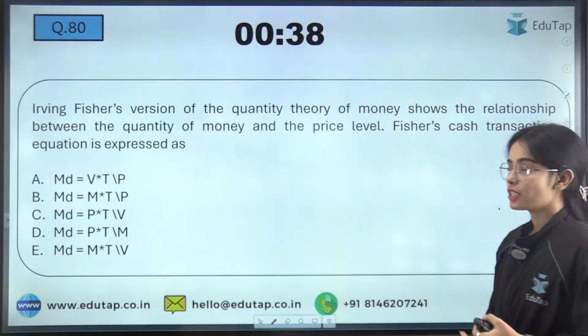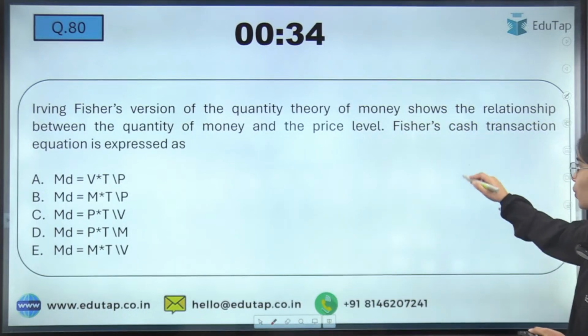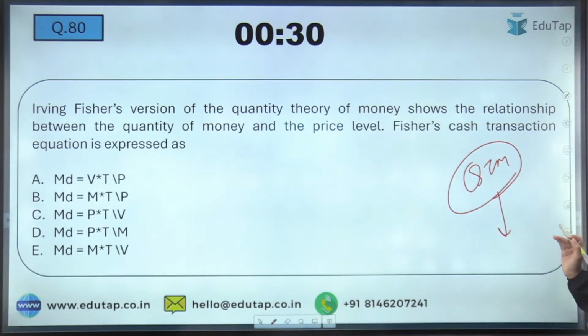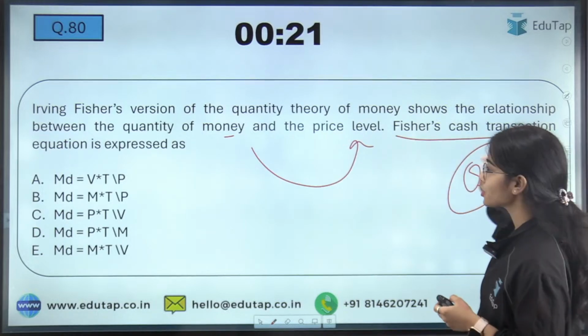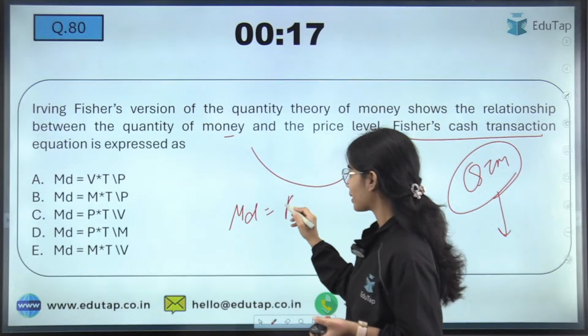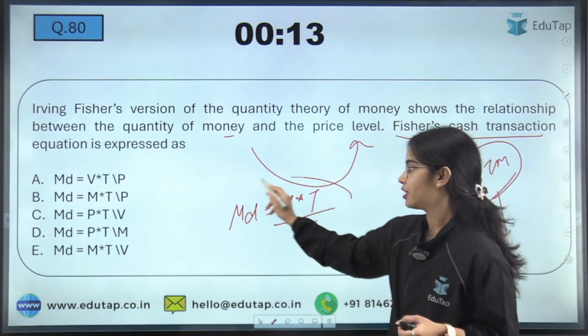Now coming to the next question, which is a very easy question. The Fisher equation, I hope you all have studied the quantity theory of money. As per the Fisher equation, or the Fisher version of the quantity theory of money, this shows the relationship between the quantity of money and the price level. The Fisher cash transaction equation is expressed as the demand for money equal to price level multiplied by transactions divided by velocity.